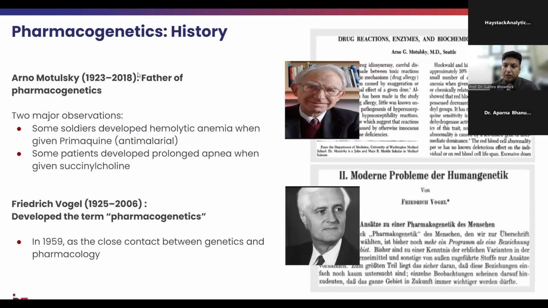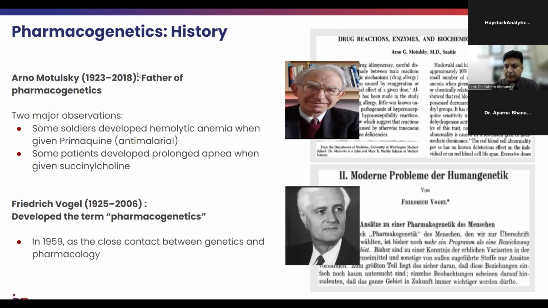When you take a pill of paracetamol, or an oral contraceptive pill, or an anti-cancer drug, they will be differently absorbed, differently distributed, metabolized, and excreted. So pharmacogenetics predominantly focuses on drug transporters, which are the cell surface proteins, and the drug metabolizing enzymes, because they can differ between two individuals.